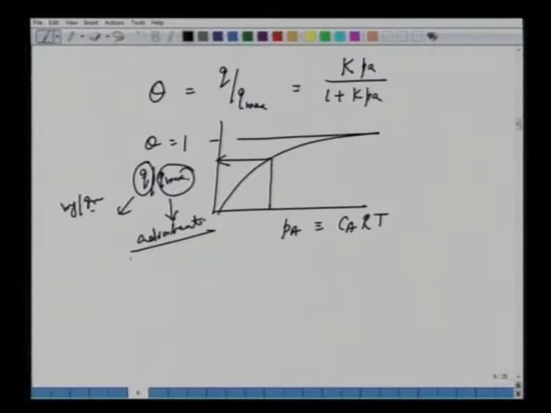So that's one. We said it's a Langmuir isotherm or corresponding Langmuir adsorption. The second most common you will find is Freundlich. Freundlich isotherm, and this is more of an empirical equation where you have Q given as some constant into partial pressure to the power 1 over n.